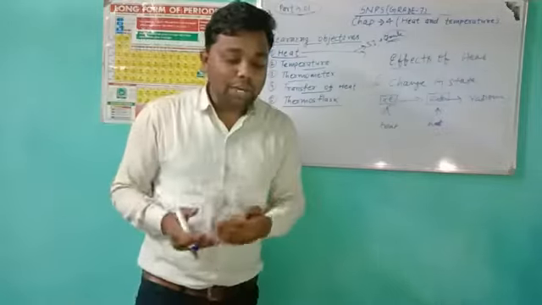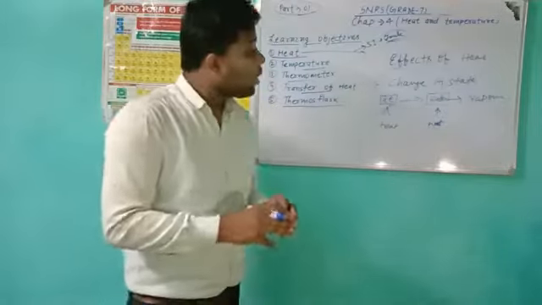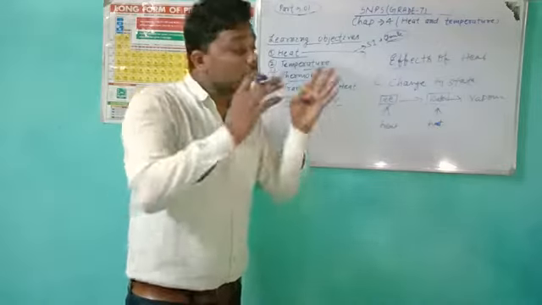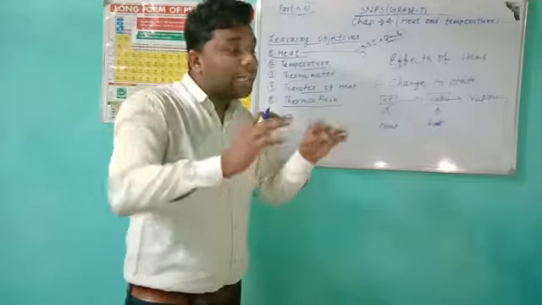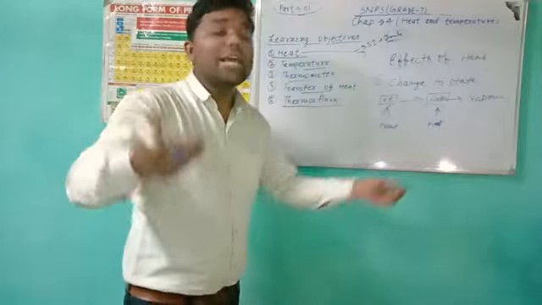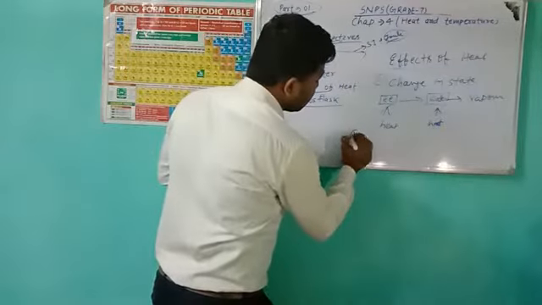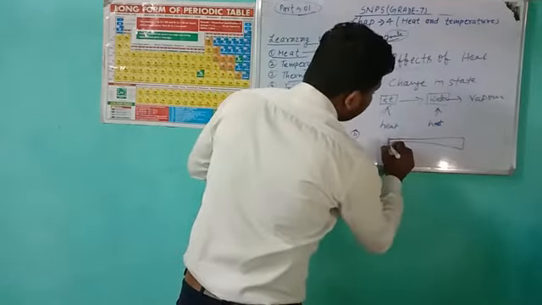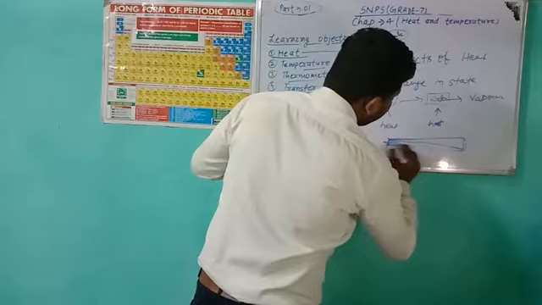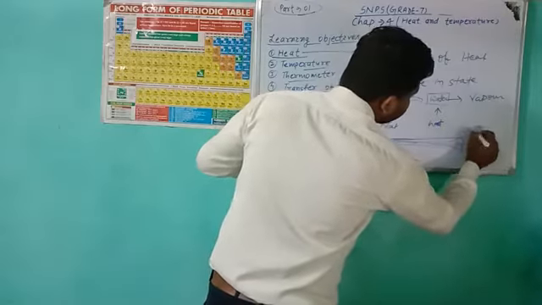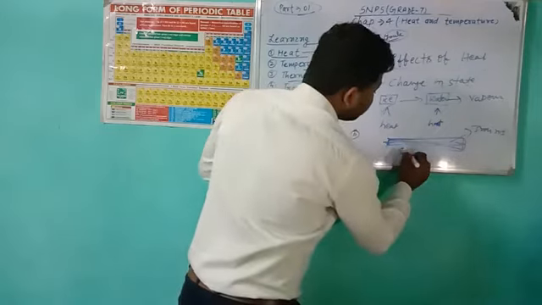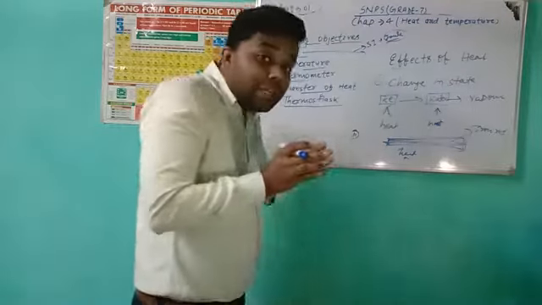And the other effect: when we heat a solid substance or any other substance, it expands. It simply expands. If we heat a metal rod, suppose this is an iron rod, when we heat it, then it will expand.